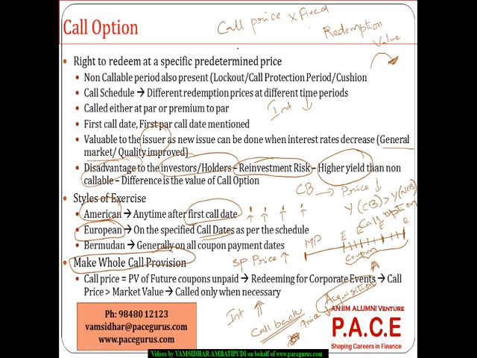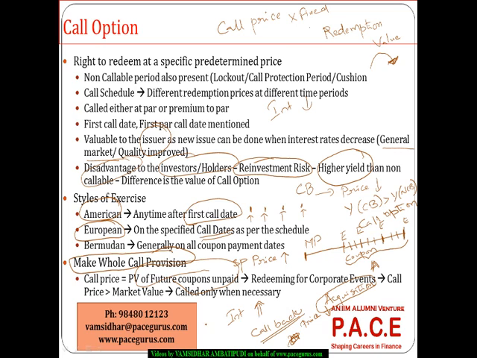The companies can compute this call price as the present value of the future coupons that are yet to be paid. They can compute this call price every period instead of fixing the call price.